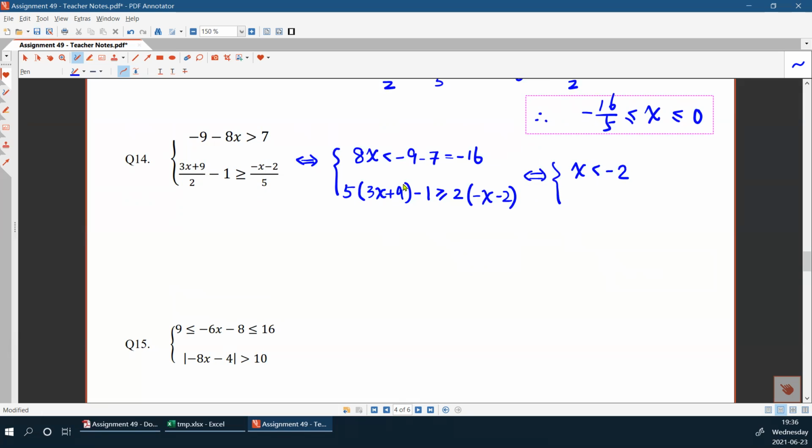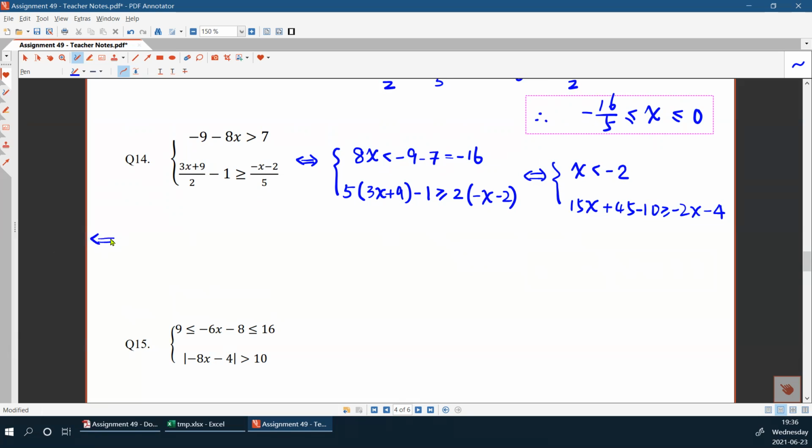So the first inequality is equivalent to x smaller than minus 2, right? We can get there by dividing both sides with 8. 8 is positive, so we don't change the direction of the inequality symbol. Second, we can have 15x plus 45 minus 10 greater than or equal to minus 2x minus 4, right?